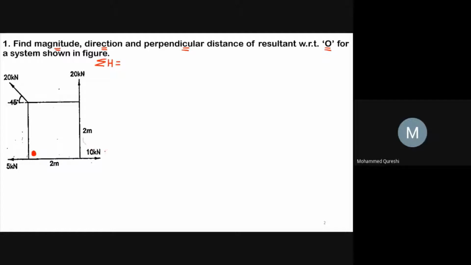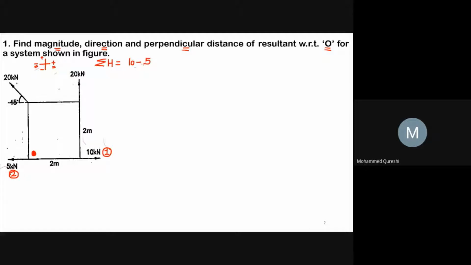Our first horizontal force is 10, and as we know plus, minus, plus and minus, this 10 Newton is going along the positive x-axis, so it will be plus. Then our second force is 5 kilonewton, and this force is going towards the negative x-axis, hence it will be minus 5.